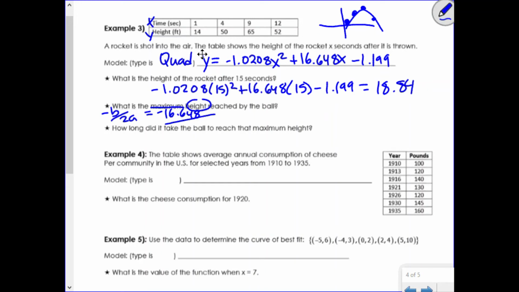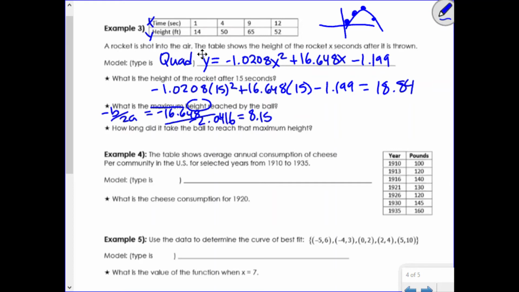Negative 2.0416. So if I do that division, what do you get for the x side? Okay, so I get 8.15.